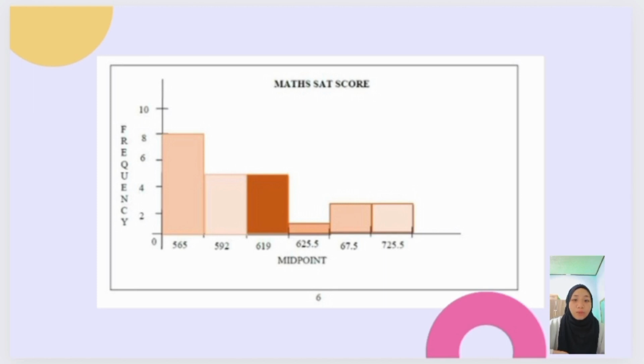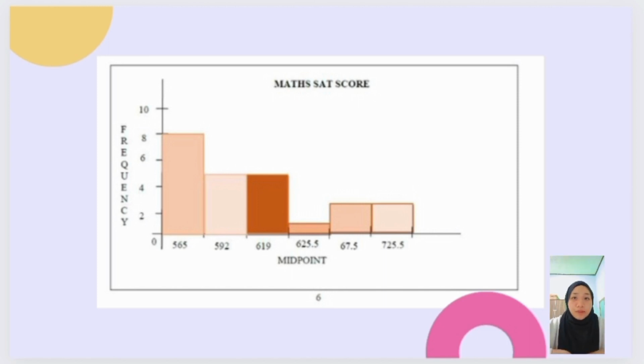To get the lower boundary, the lower limit minus 0.5, and to get the upper boundary, plus 0.5. To get a midpoint, add the lower class limit and the upper class limit for the class, divided by 2.